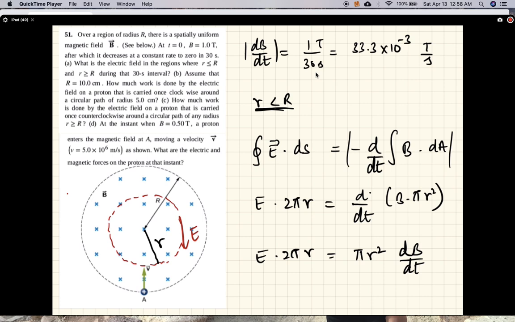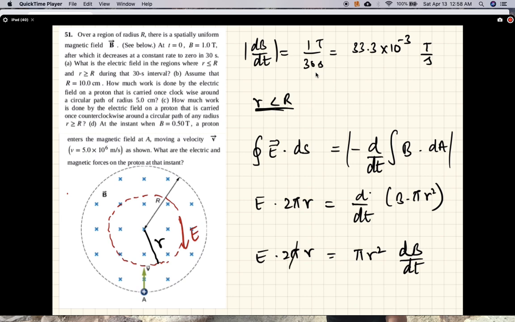Okay, so the pi cancels, one of the r cancels, so the electric field is 1/2 r dB by dt, and dB by dt is 33.3 times 10 to the minus 3 Tesla per second.